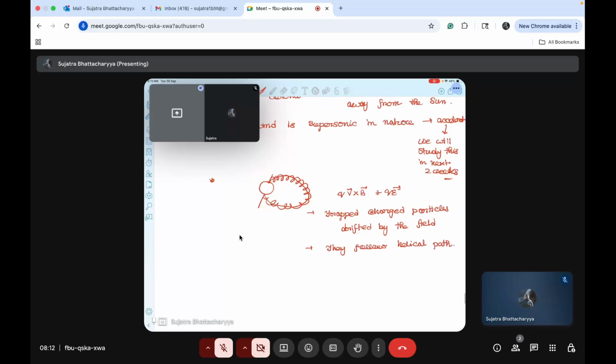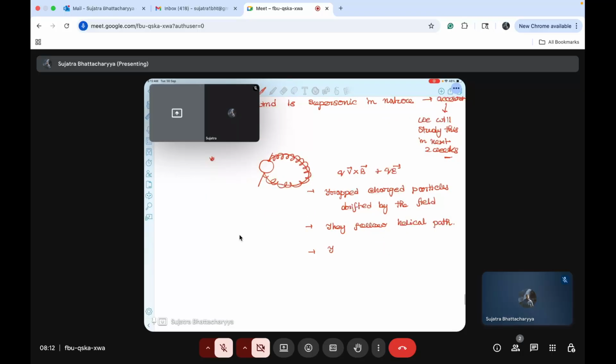And this motion of charged particles creates ring currents.